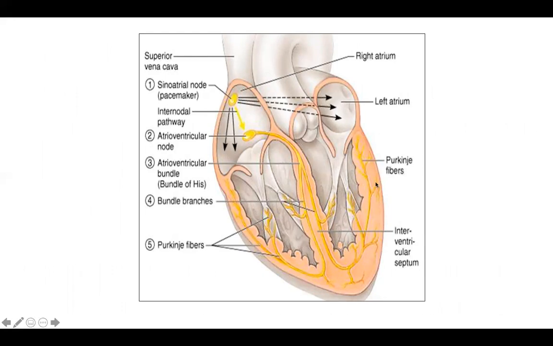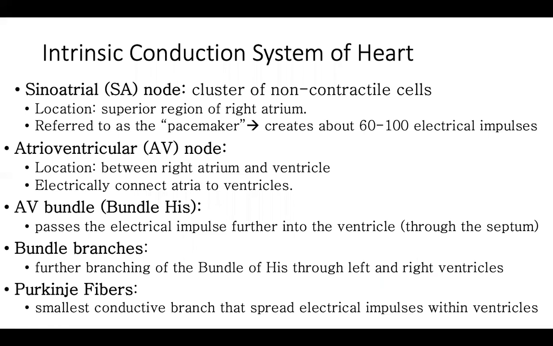If you continue looking at the picture, you notice that it branches at some point within the septum, and these smaller branches are called bundle branches. This ensures that both left and right ventricles receive electrical impulses, which leads to contraction of the ventricles.